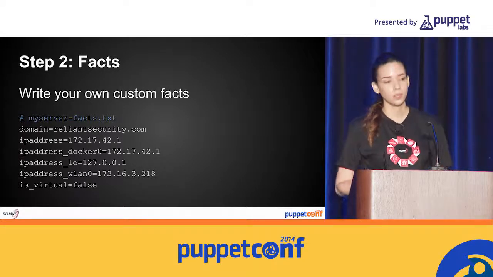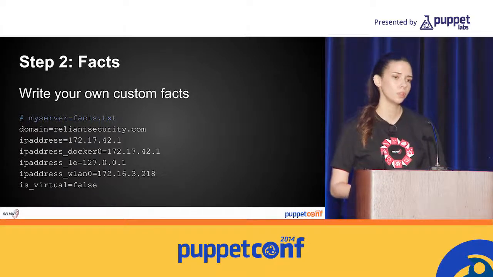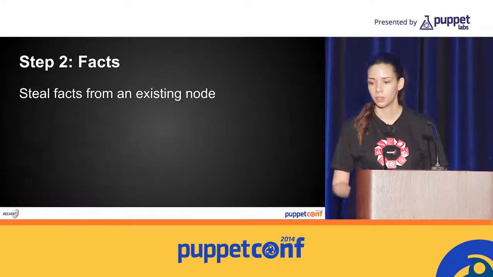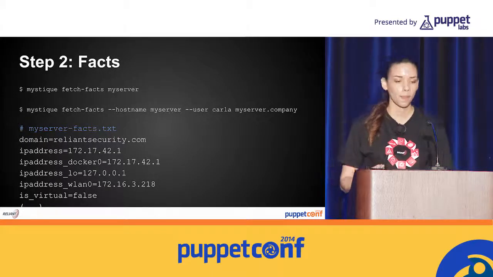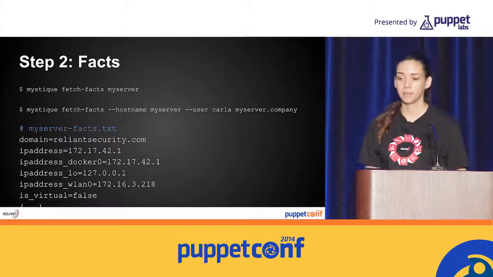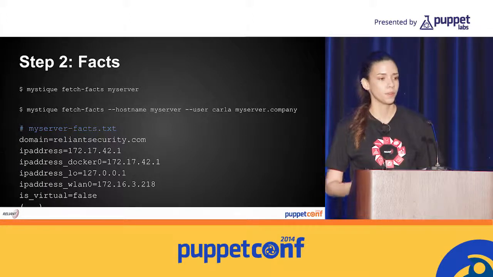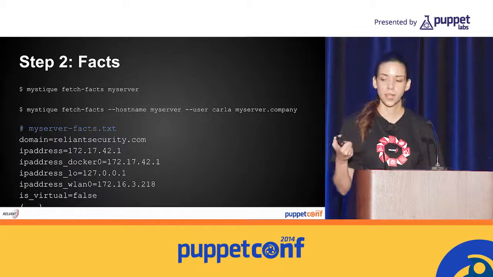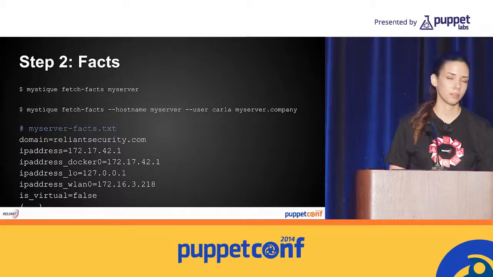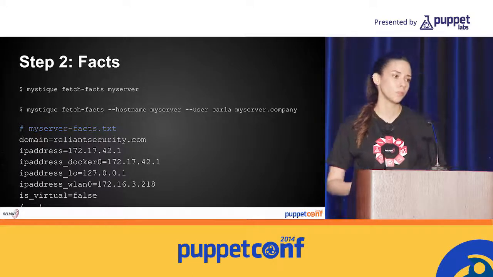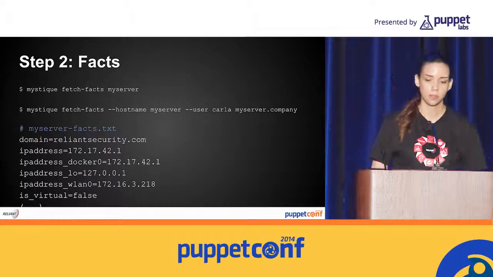Or, in an easier way, if you already have a node in production, you can steal the facts from it. So you can just call Mustique fetch facts from my server. The server should be reachable from your machine, so it will use SSH to access it.